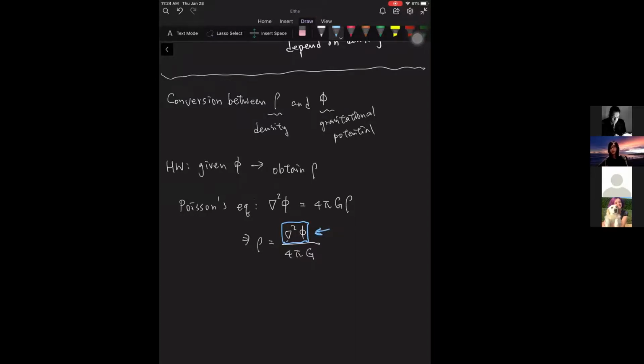notice that the calculation of the Laplacian would depend on what coordinate system you are using. If you're working in spherical, cylindrical, or Cartesian coordinates, the way we calculate the Laplacian should be different, and just make sure the coordinate system you choose is consistent in your calculation.